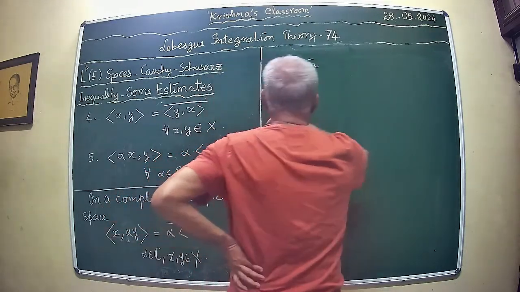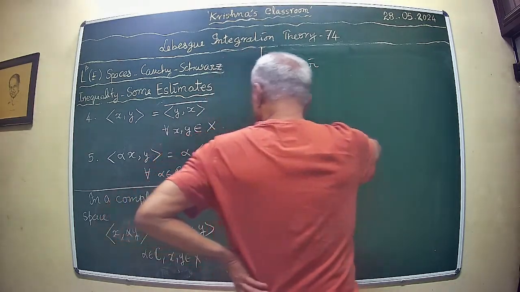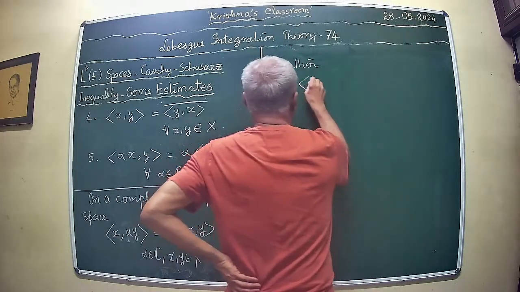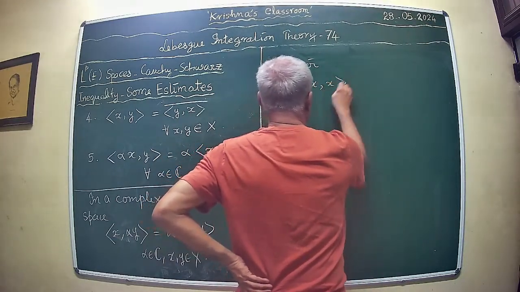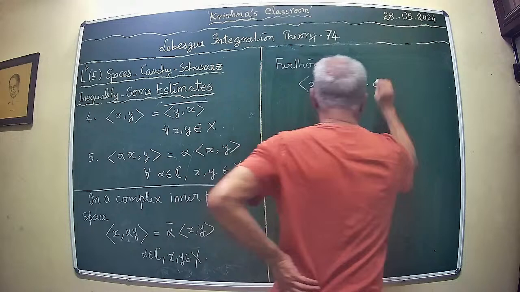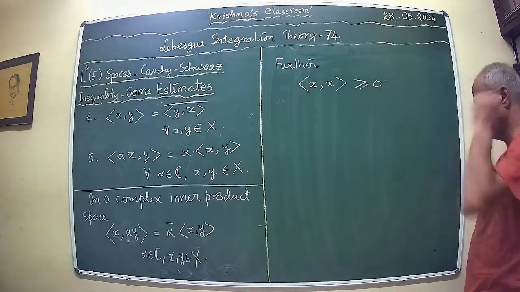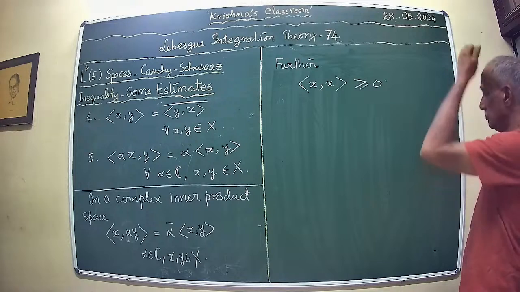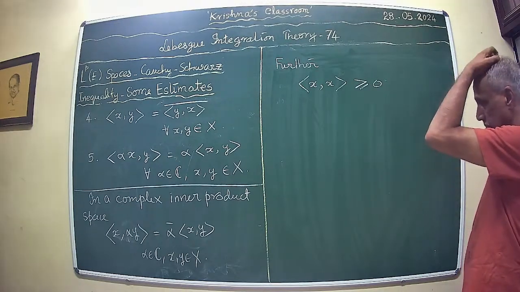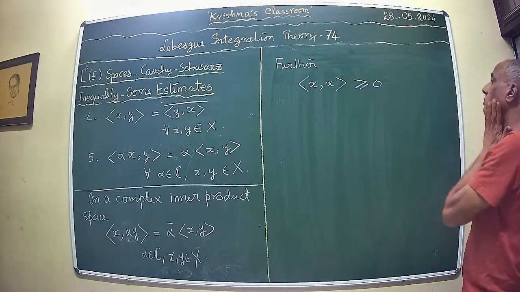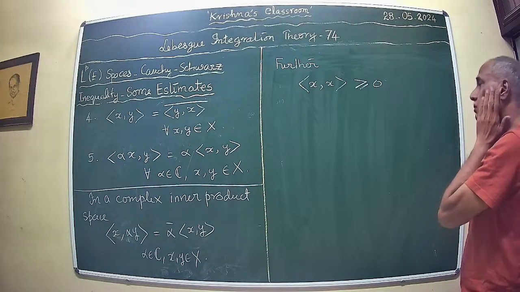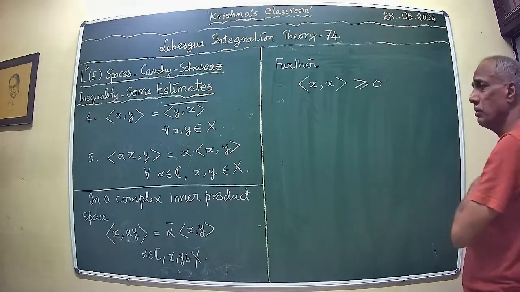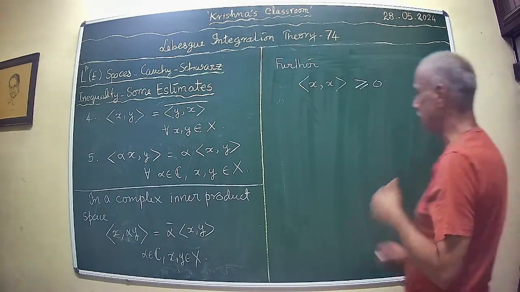Further, inner product of x with x is greater than or equal to 0. And of course, equal to 0 means x equal to 0.